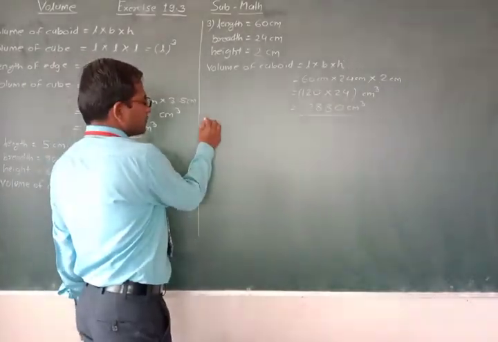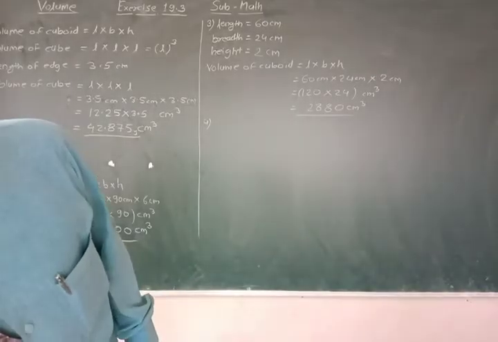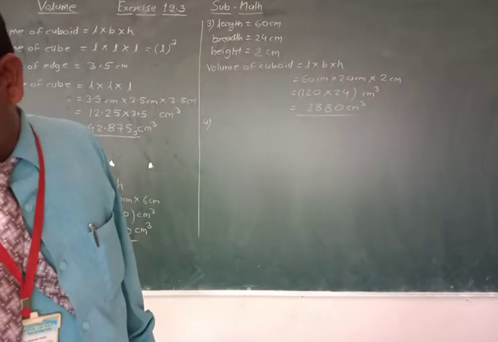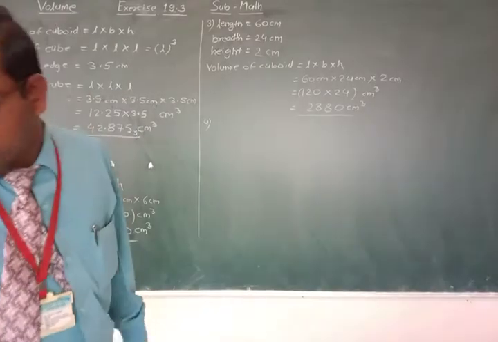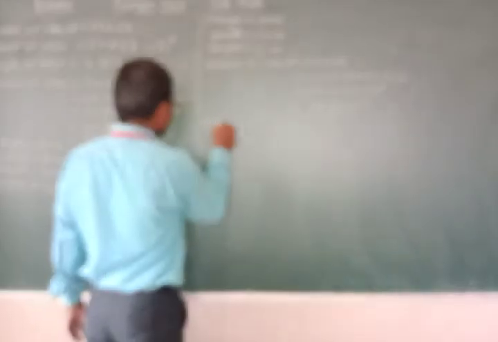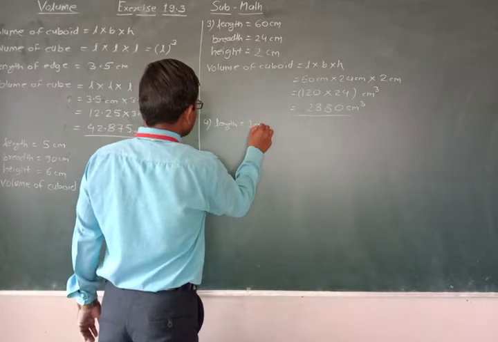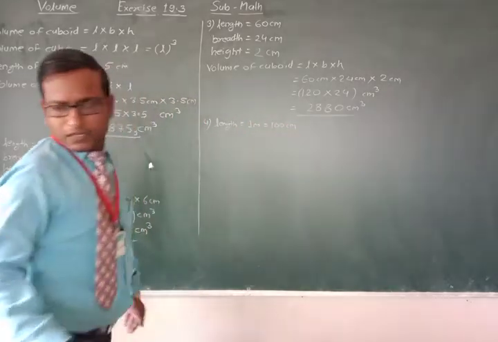The next, fourth one. Find volume of cuboid whose length is 1 meter. Okay, this example you do it. Length is 1 meter. So meter is converted into centimeter. Length is equal to 1 meter is equal to 100 centimeter. You know.